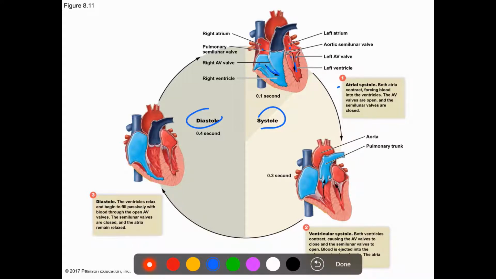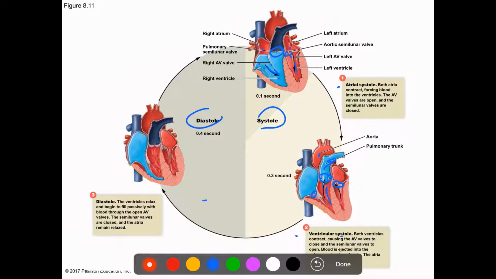The atrioventricular valves are open, and the semilunar valves are closed, so all the blood would be trapped within the ventricle. Then we have the ventricular systole. The AV valves in this case are closed, the semilunar valves are open, and the blood is being pushed into the pulmonary trunk and the aorta. So this is the ventricular systole.